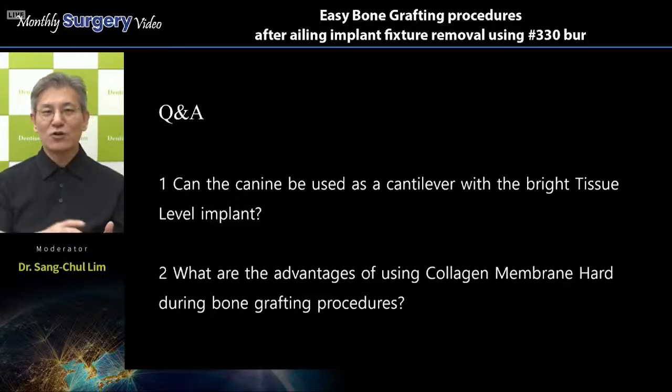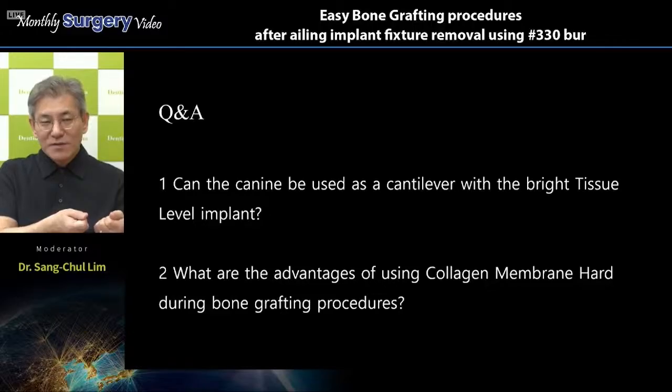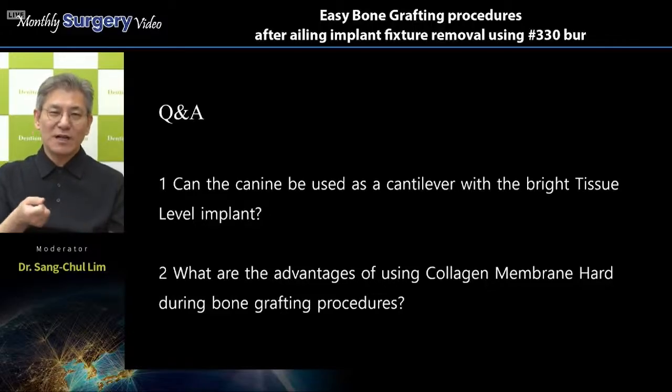Nowadays, actually, this resorbable collagen membrane is prevalent, as you know. This membrane has two different types. First one is soft and resilient. Another one is stiff and hard. Both collagen membranes have different characteristics and different good points.